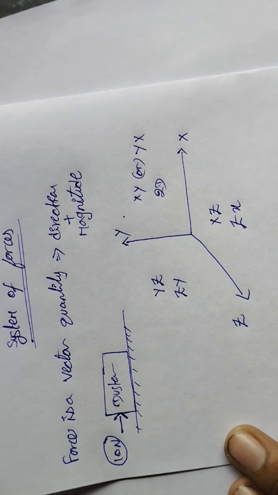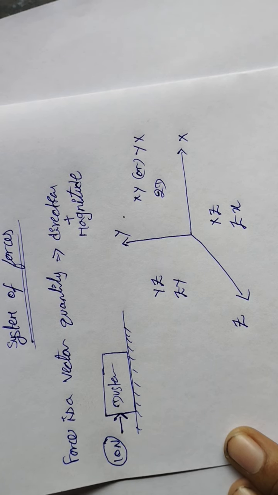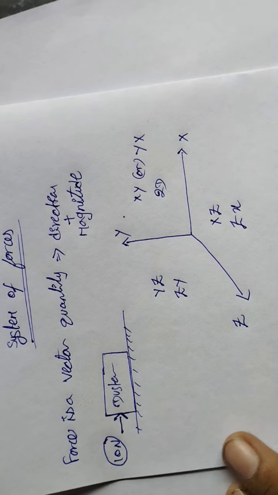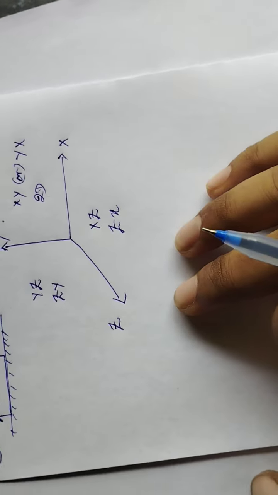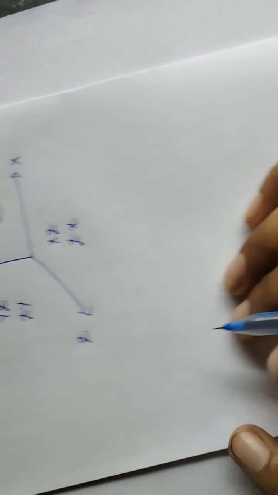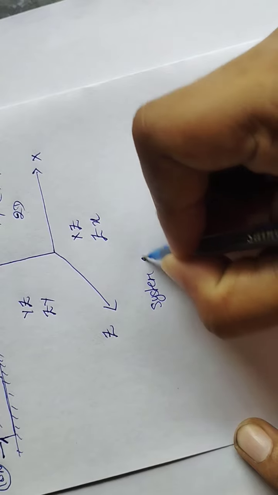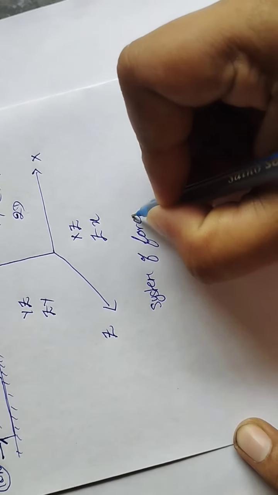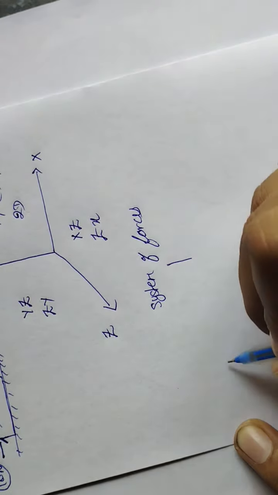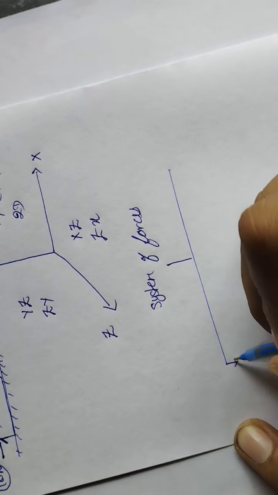So to know what a system of forces is, you should have this basic concept in your mind. Now, this system of forces can be broadly classified into 2 types.